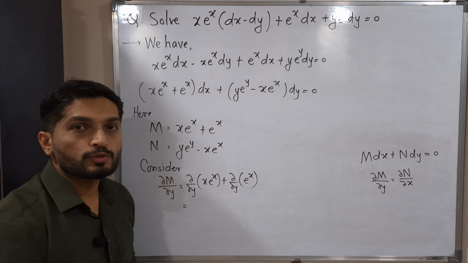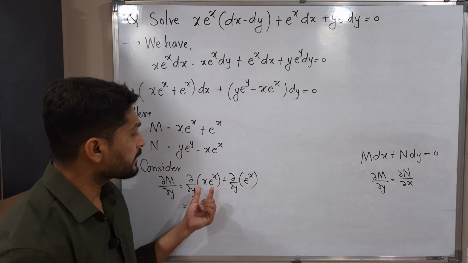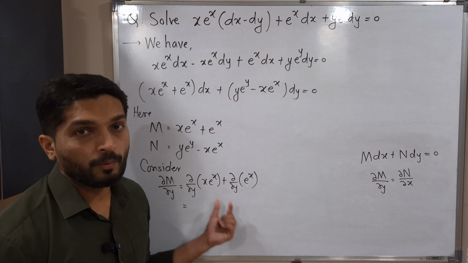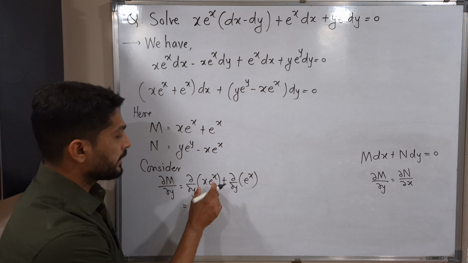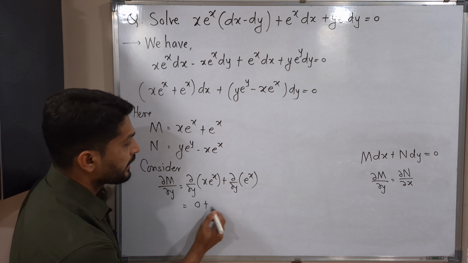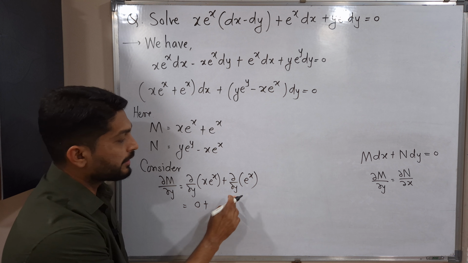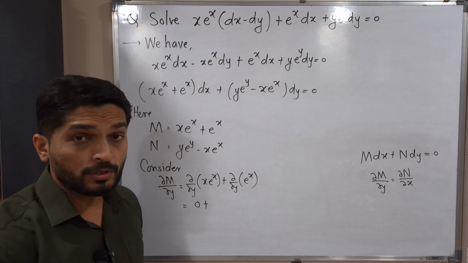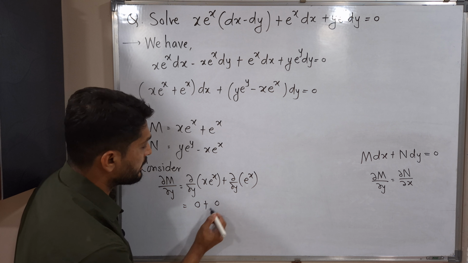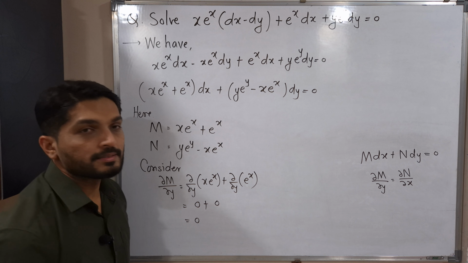So x and all functions of x are constant. So this is a constant since there is no y, only x is there, and we are differentiating with respect to y. Derivative of a constant is 0. Same thing happens here. We are differentiating with respect to y, but we have a function of x. So that's why it is a constant and its derivative will be 0. So del M by del y is 0.